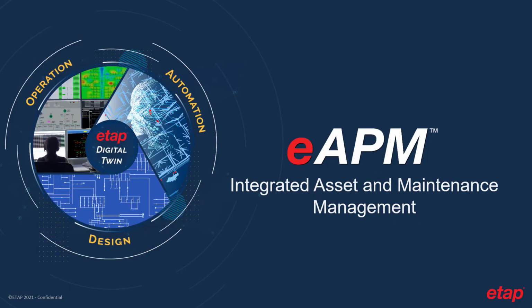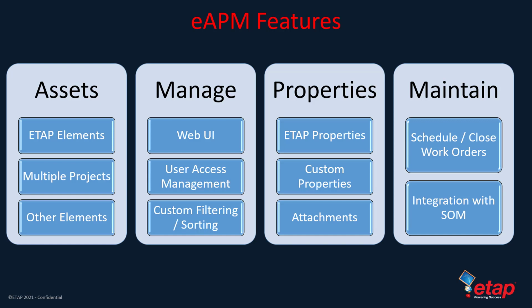Next, I'd like to discuss the eAPM, which is the Integrated Asset and Maintenance Management Platform. Some of the features for the eAPM is on the asset side, where you can visualize all or some of your assets in your ETAP model. You can have multiple projects supported in one instance, and you can bring in other elements that don't exist in the ETAP model, so non-electrical assets.